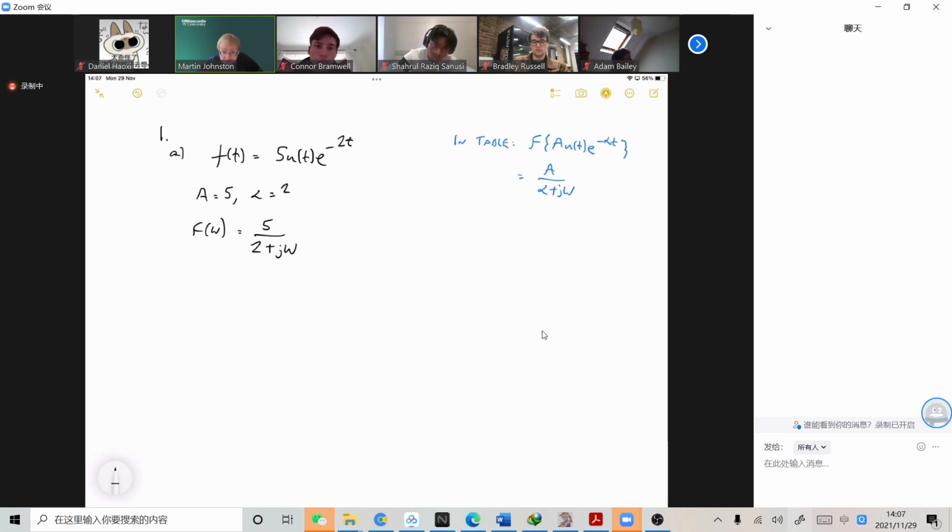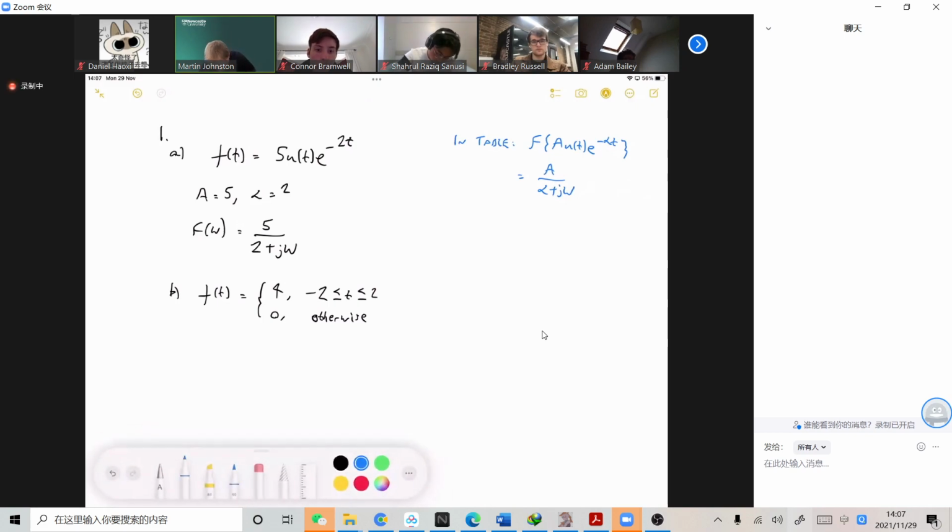Okay, so next one. We've got a rectangular pulse this time in 2 pieces. Okay, so again, the table.